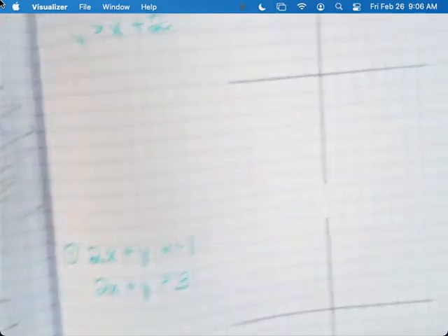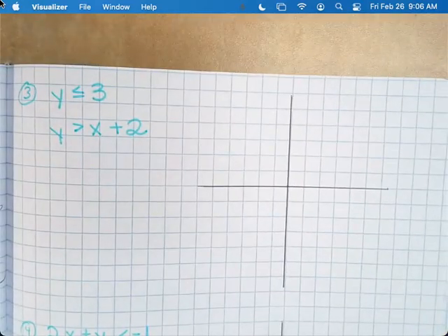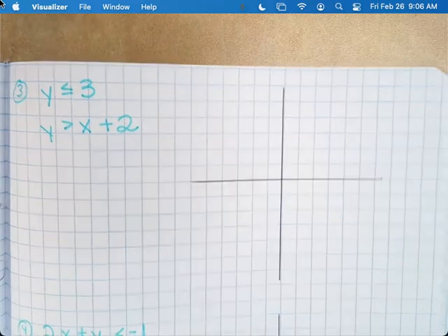Okay, let's go to number 3. Y is less than or equal to 3. Y is greater than or equal to x plus 2.